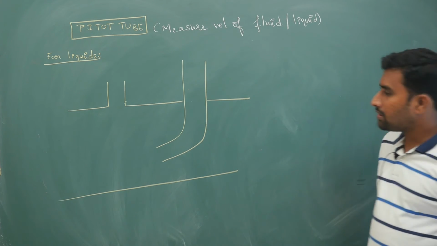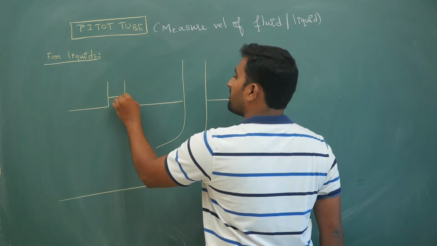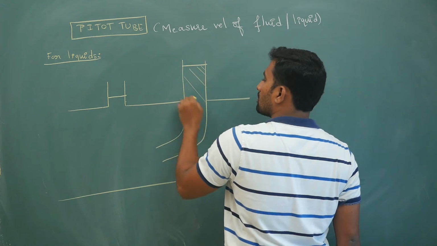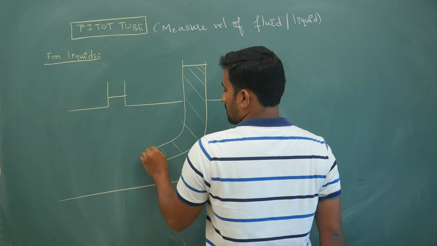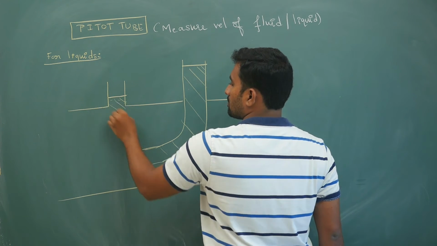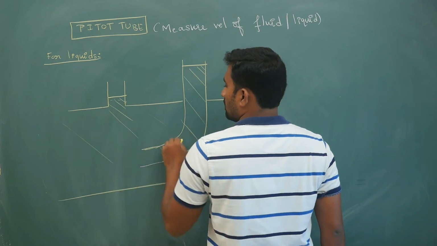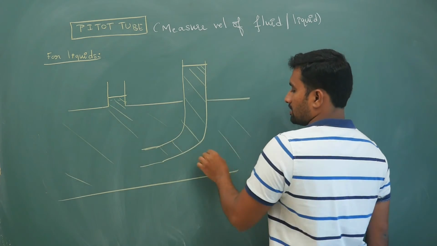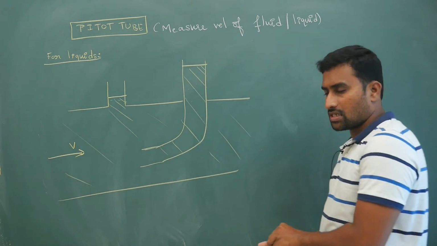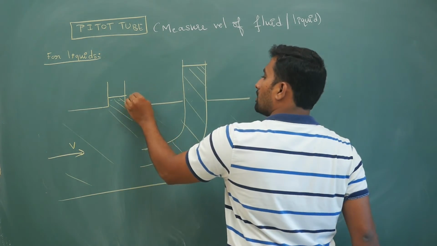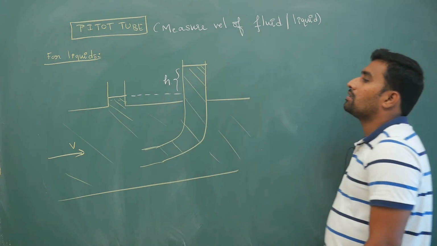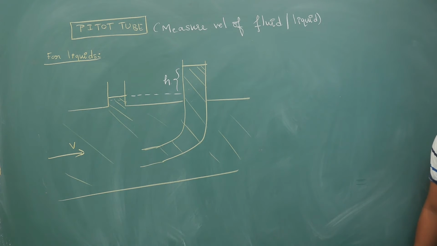There will be a height difference when the fluid is flowing. This surface will be flat. Your liquid is going into the tube with some velocity v, and your height difference is h. You have a single liquid here.